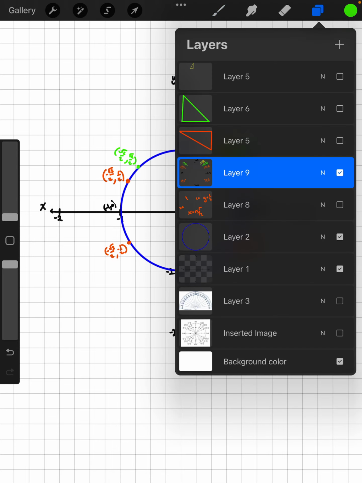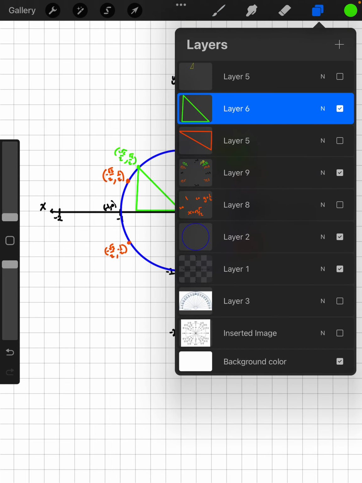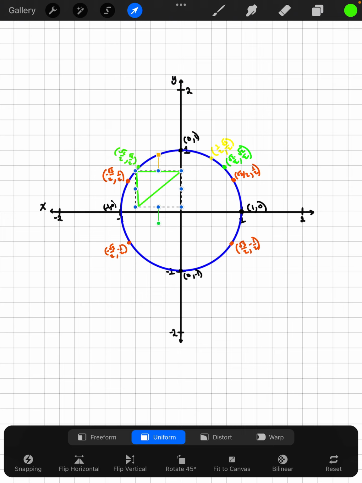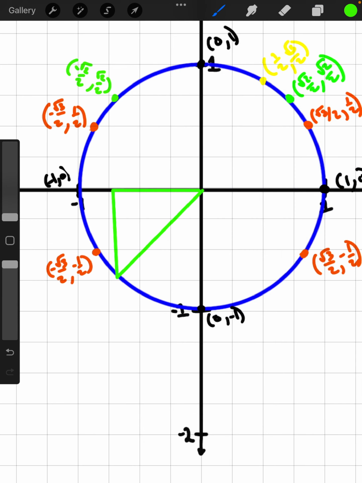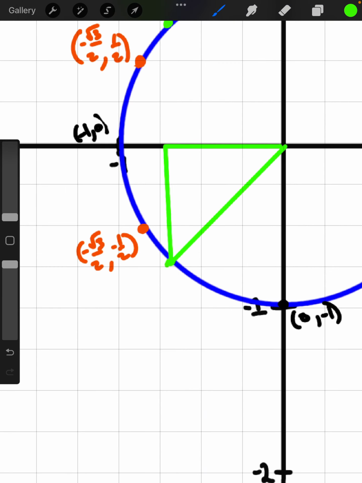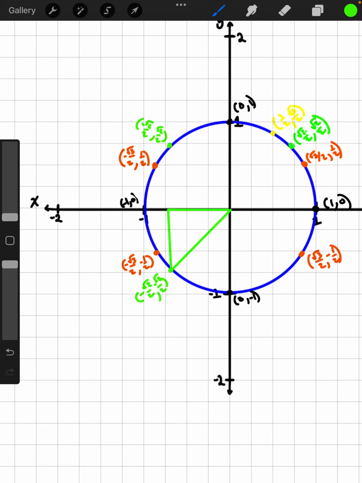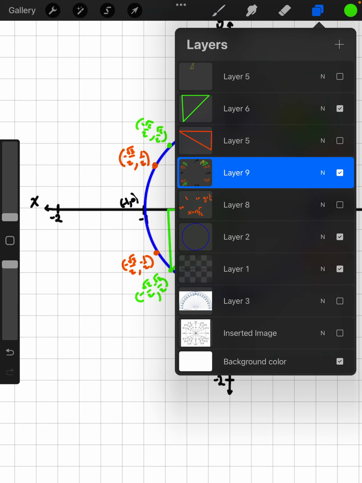Now I'm going to come back to my triangle and rotate it. Reflect it, translate it, and plot some more points. So now I can plot this point in the 3rd quadrant. In the 3rd quadrant, x and y are negative, so negative square root 2 over 2, negative square root 2 over 2.